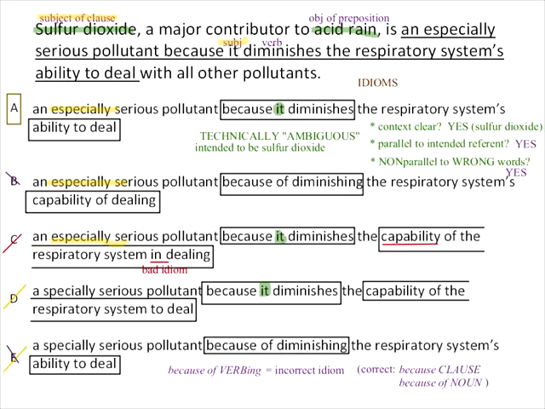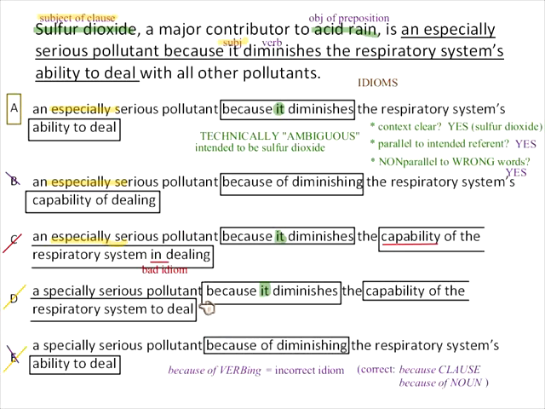And then "capability to deal" is not right. It's "ability to deal." It's usually a "capability of" and an "ability to," although I'm not sure on this one. I'd have to look at other problems involving "capability" to really make a judgment here. But this is definitely not correct.